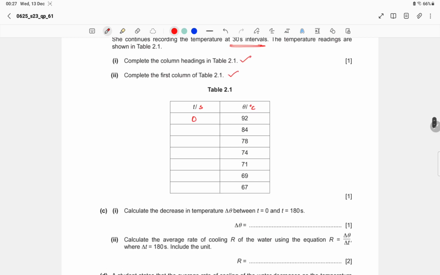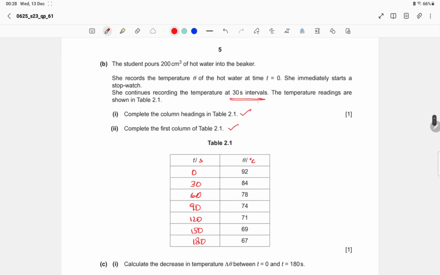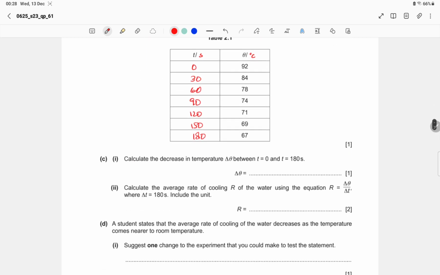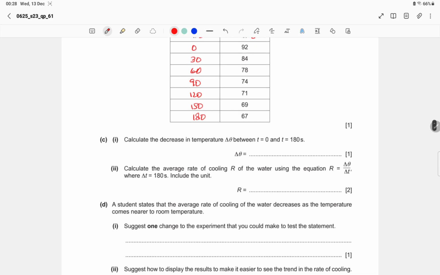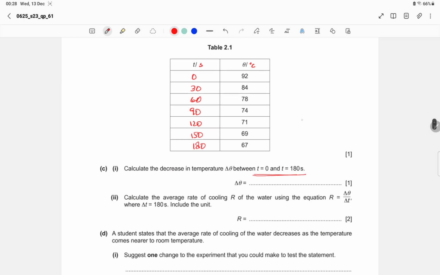Now completing the table: 0, 30, 60, 90, 120, 150, and this is going to be 180, because it stays at 30 seconds of interval. So for every 30 seconds you have to add the value. Calculate the decrease in temperature from this value to this value. Again, you have to take this value and this value.